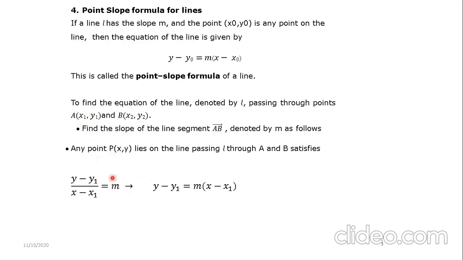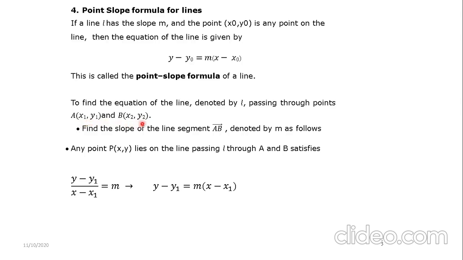The value of m can be obtained by subtracting the y values over subtracting the x values. It means that m equals y2 minus y1 over x2 minus x1. You can also get m as y1 minus y2 divided by x1 minus x2. If you start the numerator with y2, you must start the denominator with x2.